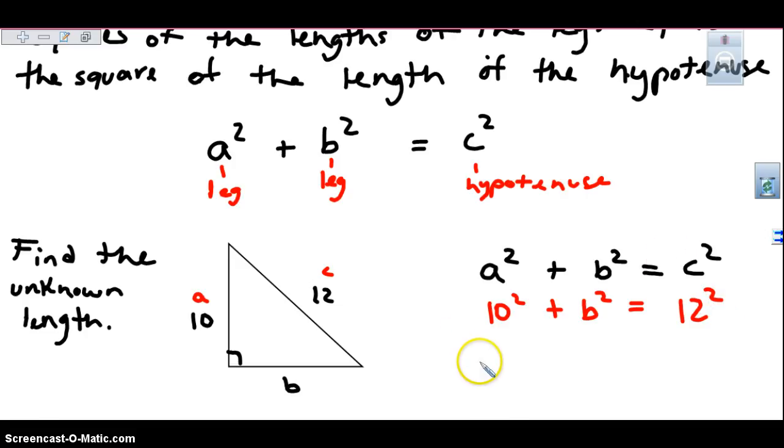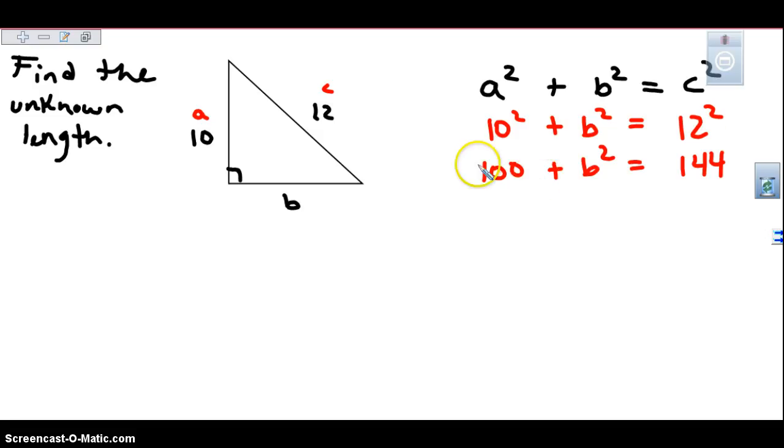What's 10 squared? 100 plus B squared. What's 12 squared? 144. Can we solve for B squared? We have to subtract 100 from both sides so that B can be by itself.